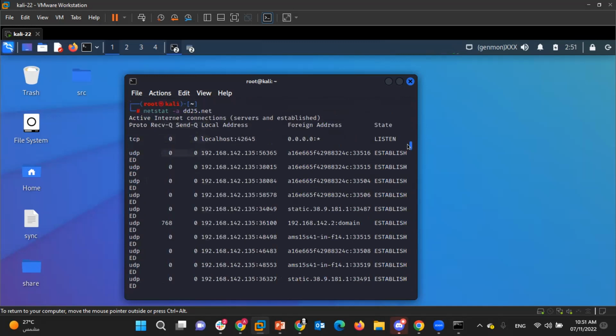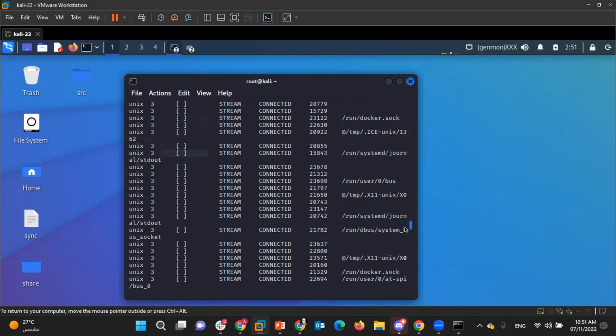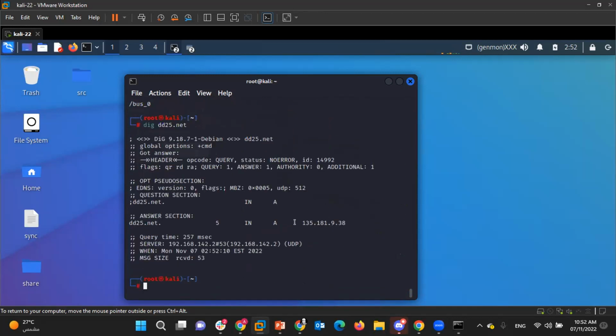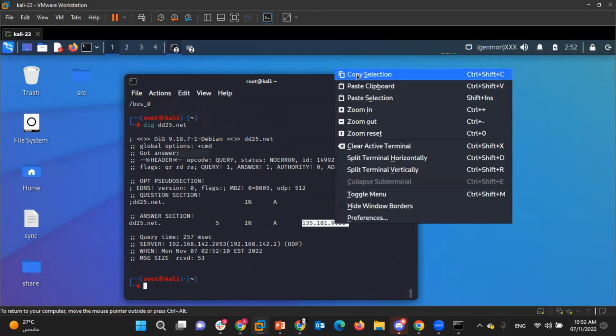It just shows the established connection, nothing else. Okay, we can get this, copy.